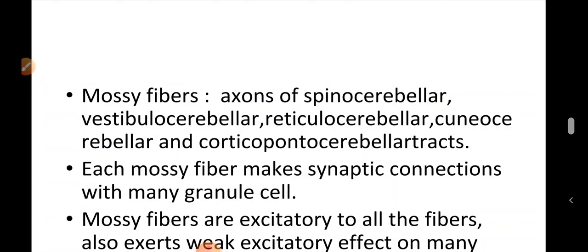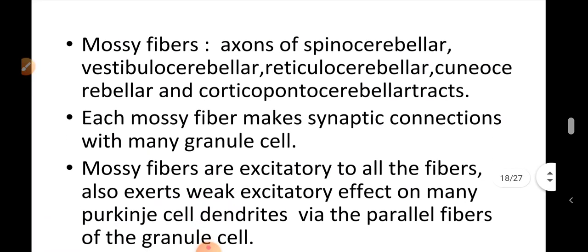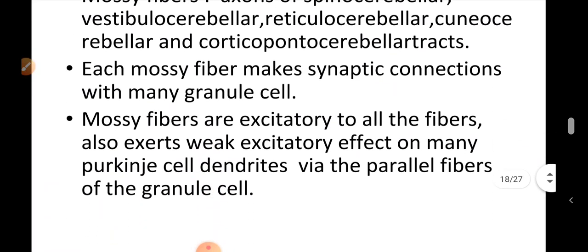Each mossy fiber makes synaptic connections with many granule cells. Mossy fibers are excitatory to all the fibers and exert a weak excitatory effect on many Purkinje cell dendrites via the parallel fibers of granule cells. So each mossy fiber activates about 450 Purkinje cells through the granule cells and their parallel fibers.